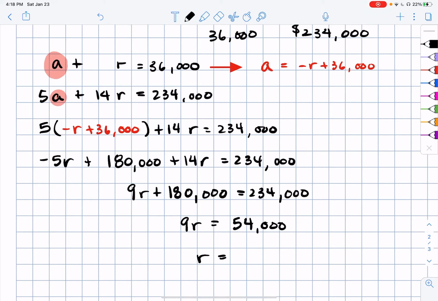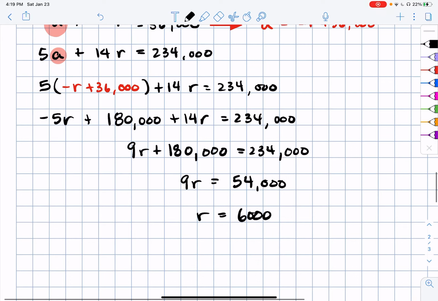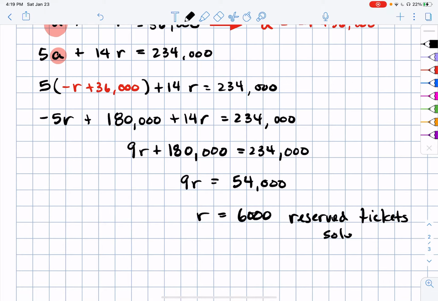So divide by 9, and I get 6,000. So the R represents reserve tickets. So there were 6,000 reserve tickets sold. So that was the case.